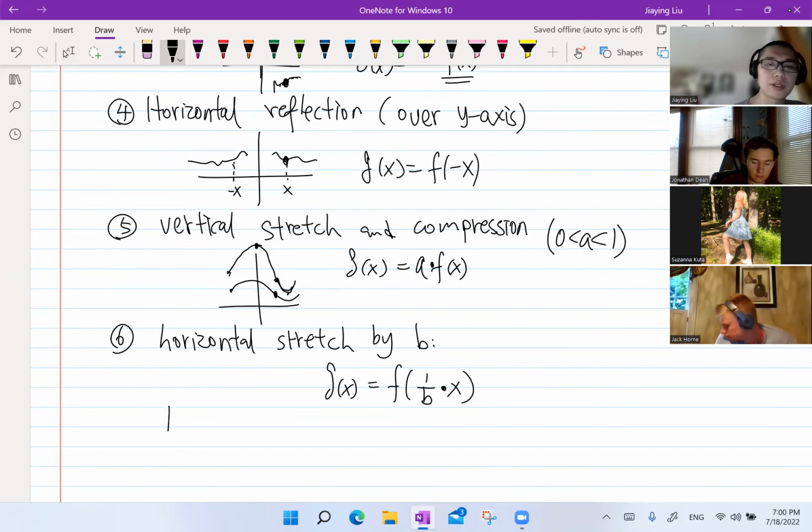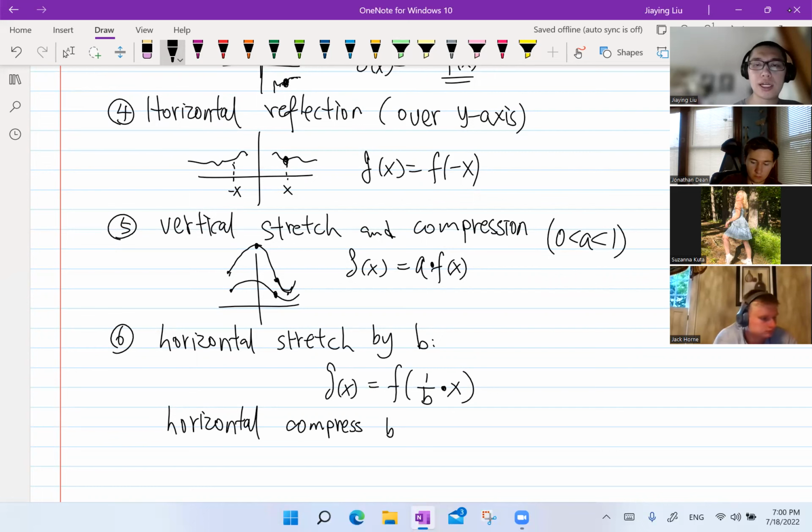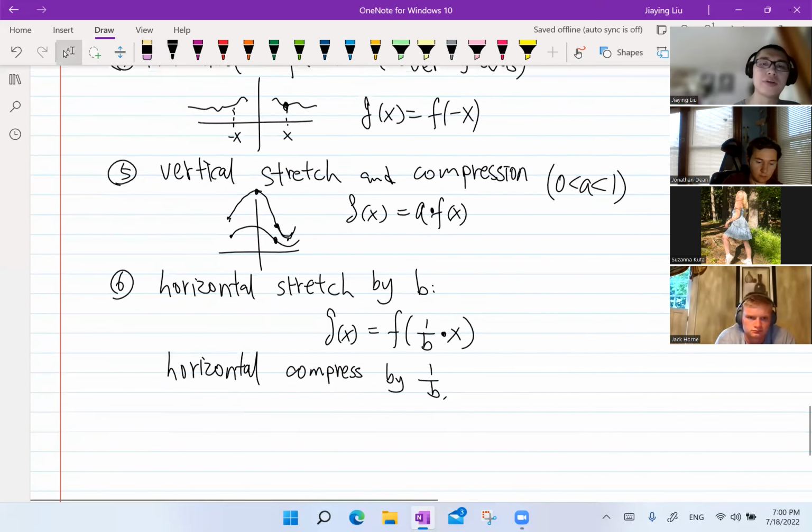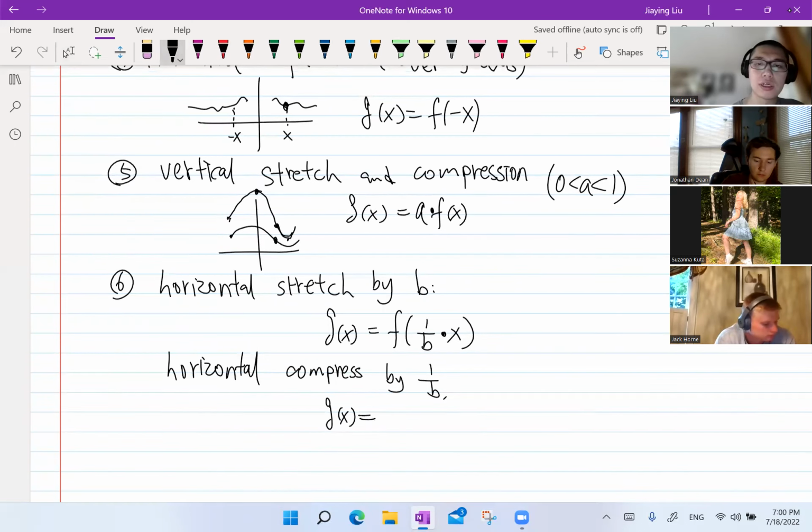And similarly, horizontal compression by, let's say, 1 over b. Suppose b is more than 1. If we compress by 1 over b, then the formula will be g of x equals f of the reciprocal of 1 over b, so b times x.